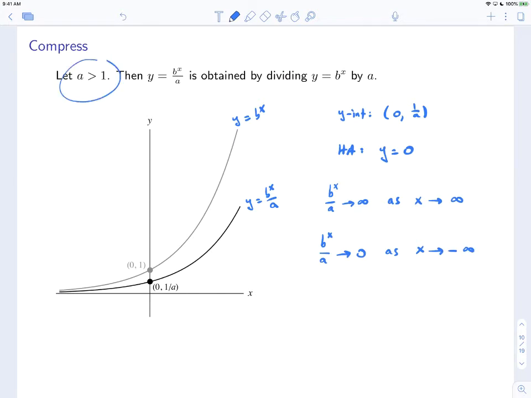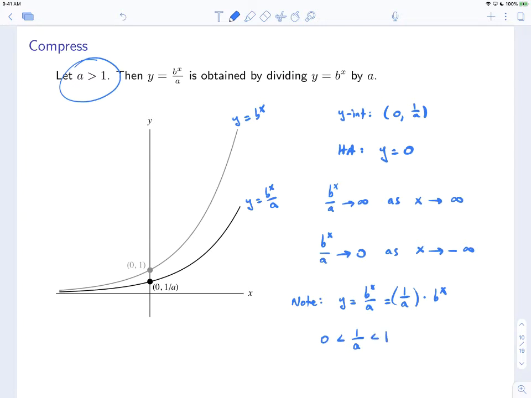Now notice here we're dividing by a number which is greater than 1. So this is just a little comment here. So y equals b to the x over a. This is the same as 1 over a times b to the x. Since a is a positive number greater than 1, 1 over a is going to be between 0 and 1.